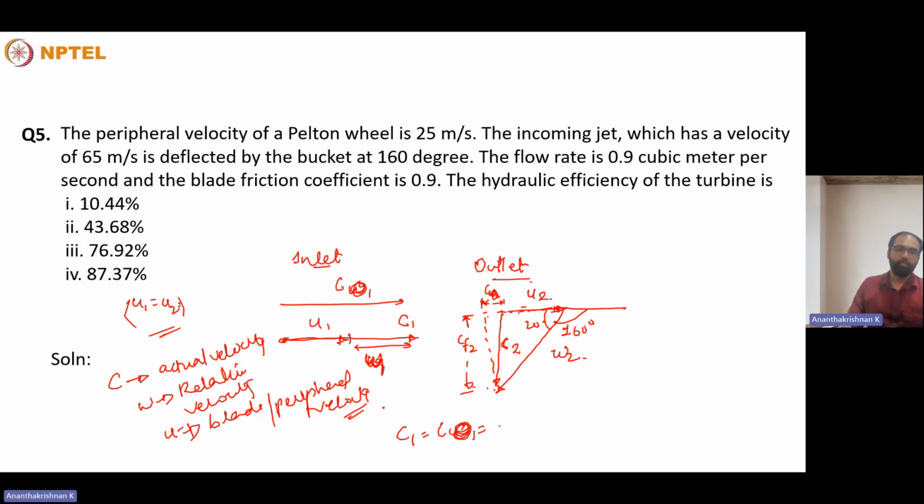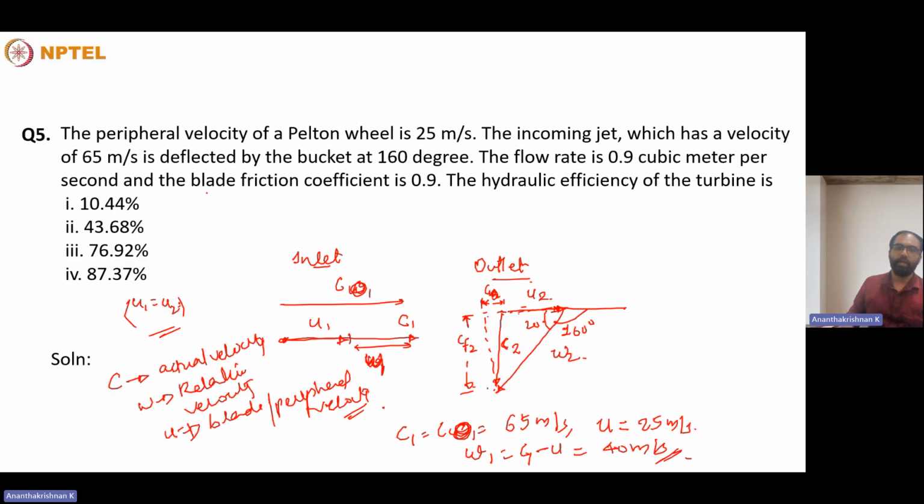C theta 1 is the tangential component, equal to 65 meter per second. The blade velocity is given as 25 meter per second. We can determine the relative velocity W1 is equal to C1 minus U at the inlet, that is equal to 40 meter per second. In this particular problem, the friction coefficient is given as 0.9.